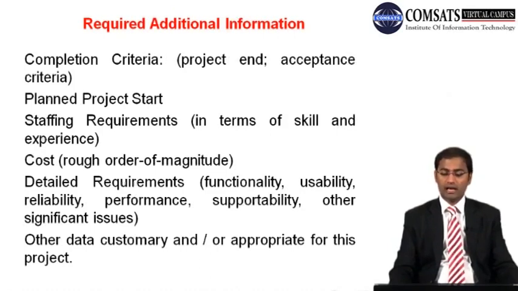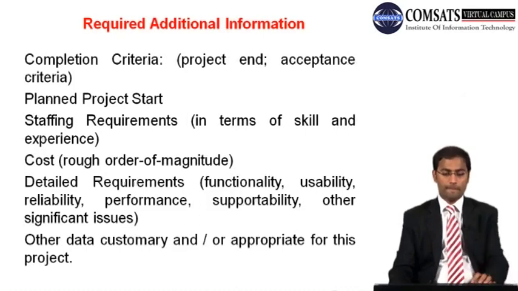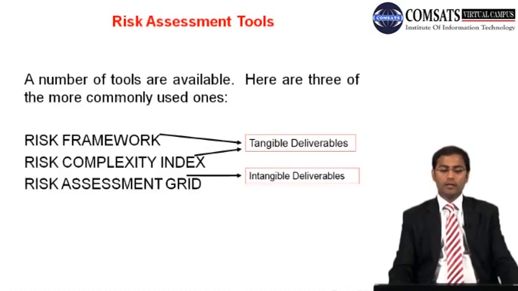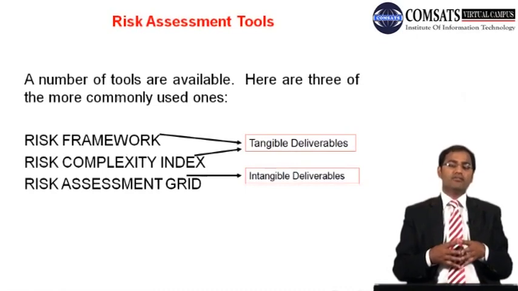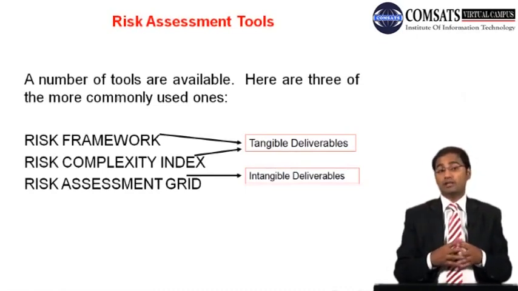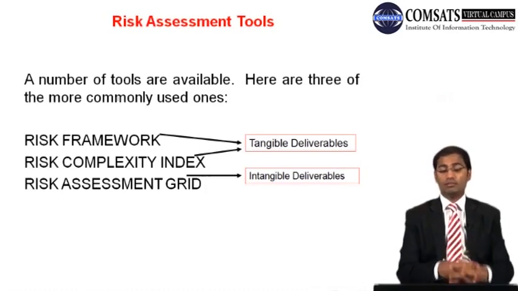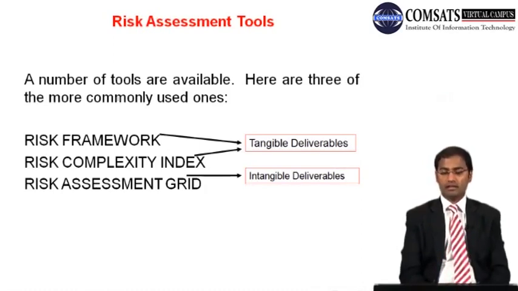The data are customary and appropriate for this project. For that we use a few tools for the assessment of risk, and a number of tools are available. Here only the three most commonly used are shown.